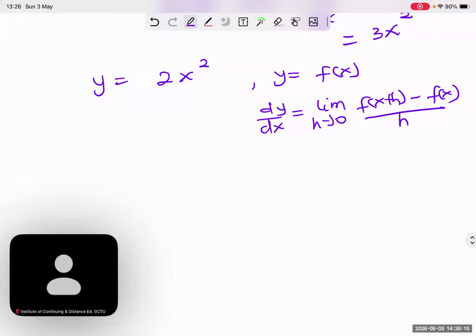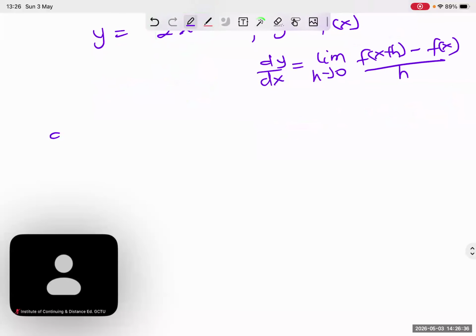That is the formula for finding the derivative of a function, and this formula is known as the first principle of derivative. So we are going to compare the function that we want to differentiate with the function that gave birth to the first principle of derivative. And the function we are going to differentiate is 2x squared.